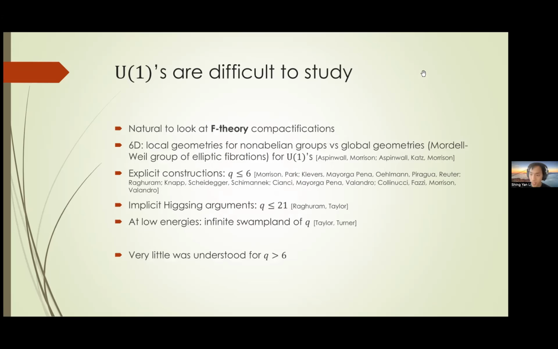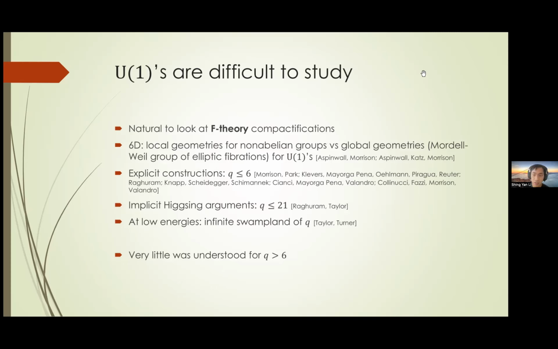U1 is particularly interesting for the following reason. When looking for string theory solutions to a problem like this, it's natural to look at F-theory compactifications, because F-theory currently gives us the largest set of string compactifications. And most work about U1 in F-theory is done in 6D.